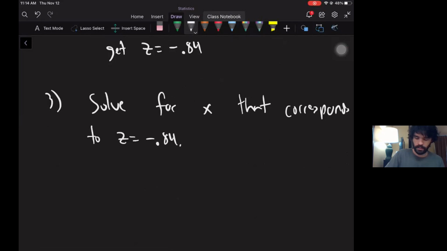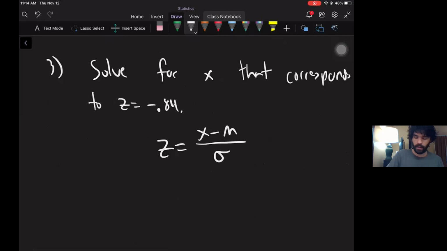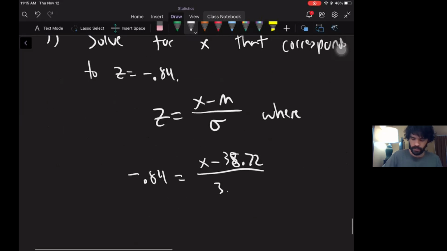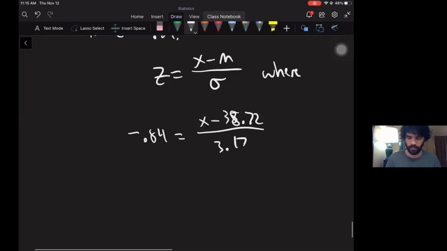So I'm going to use my z-score formula, z equals x minus the mean over the standard deviation. But now I still know the mean and the standard deviation, that hasn't changed, but, sorry, it's 38.72. But now, instead of knowing x like I did in the previous problems, I know the z-score. And I'm finding the x instead of vice versa.